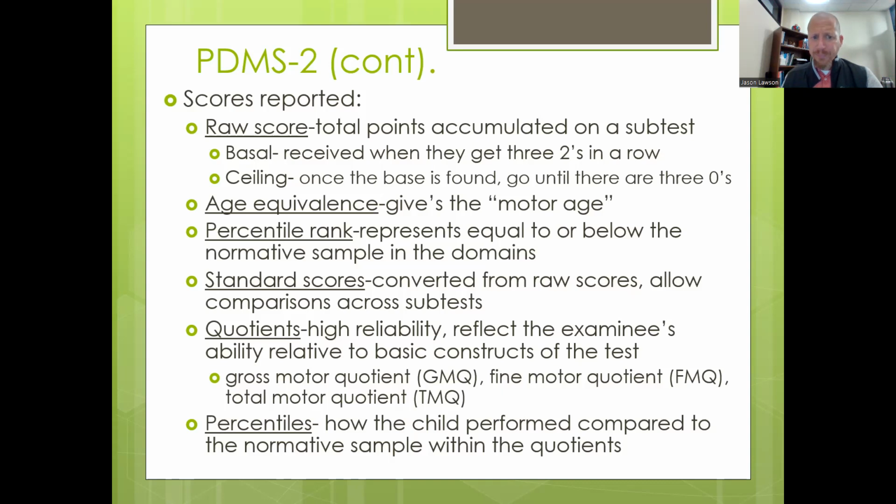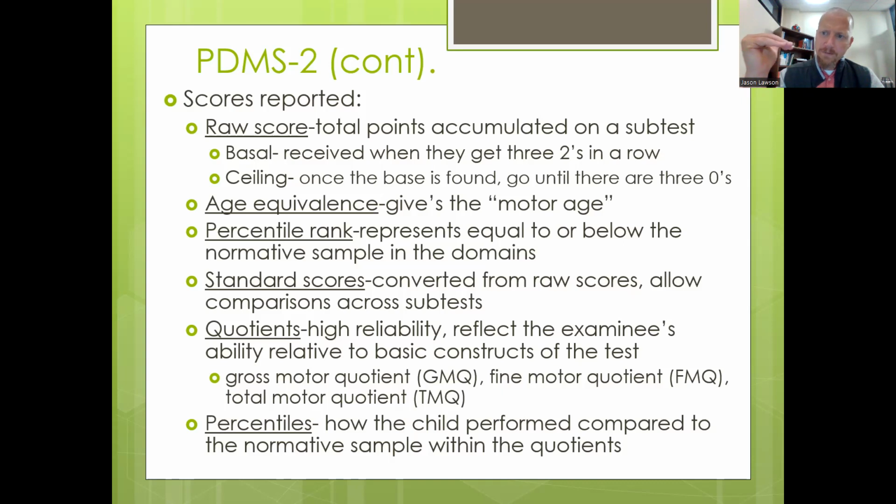This is where, hopefully, when we're moving through the different items, once we get those 3 2s in a row, now that's that base. If they get a 2 on a particular section, that means they get their full points.